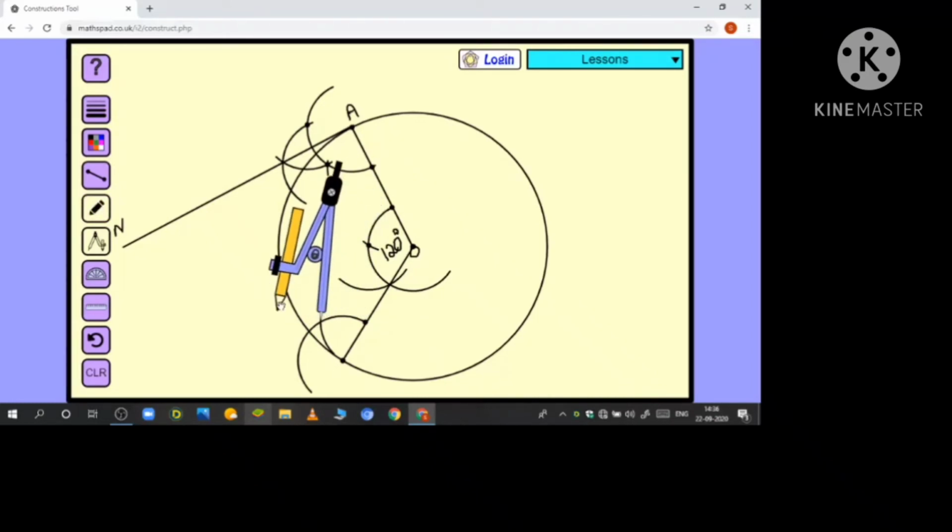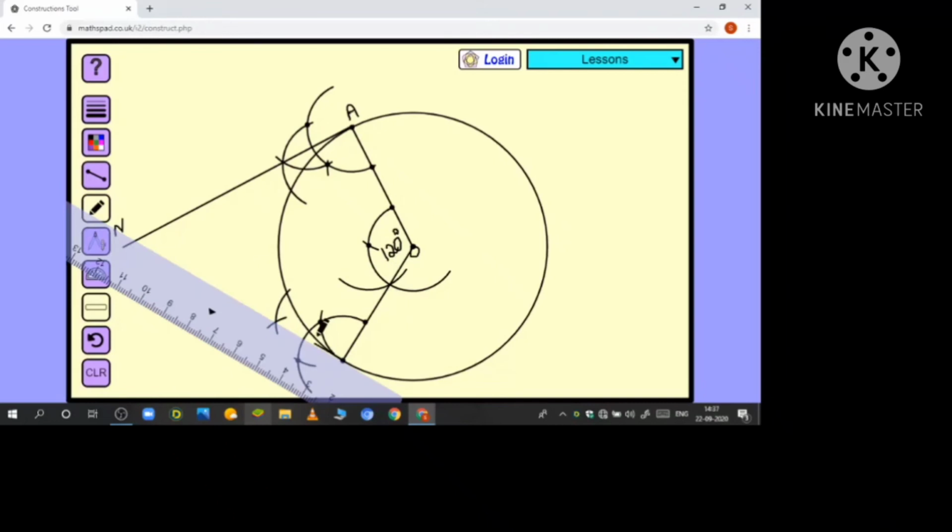Now keeping the center at the 60 degree point, without changing the radius of the compass, cut the arc. 120 degrees is obtained. Keeping the 60 degree point as the center, cut the arc above. Now keeping the center as the 120 degree point, cut the arc above.